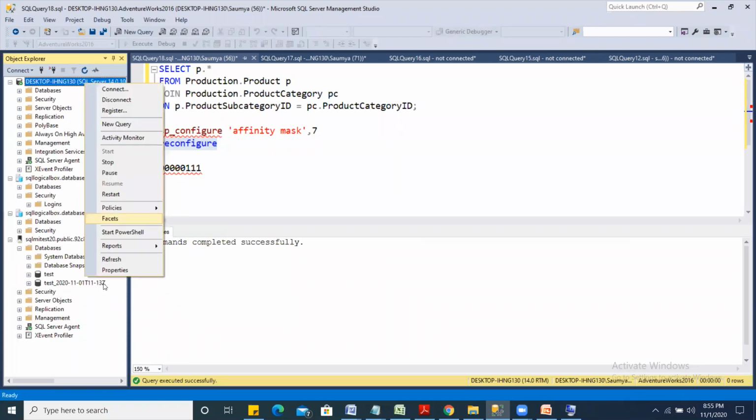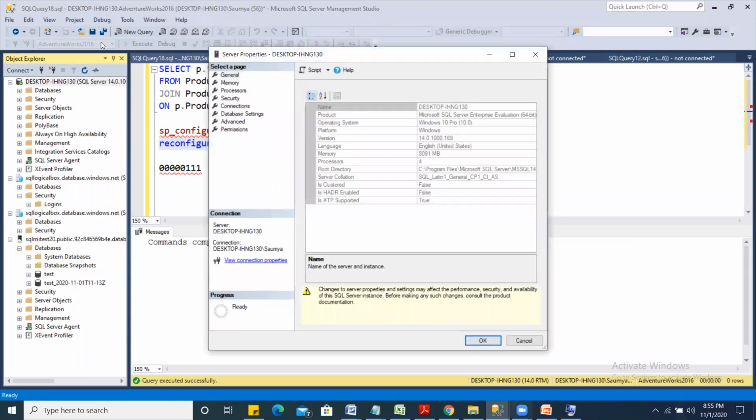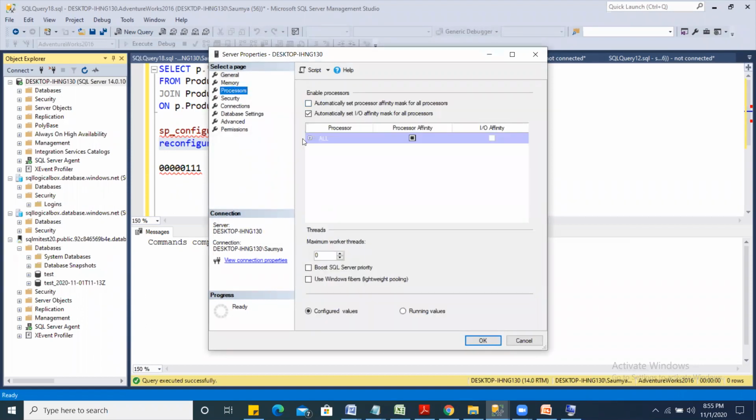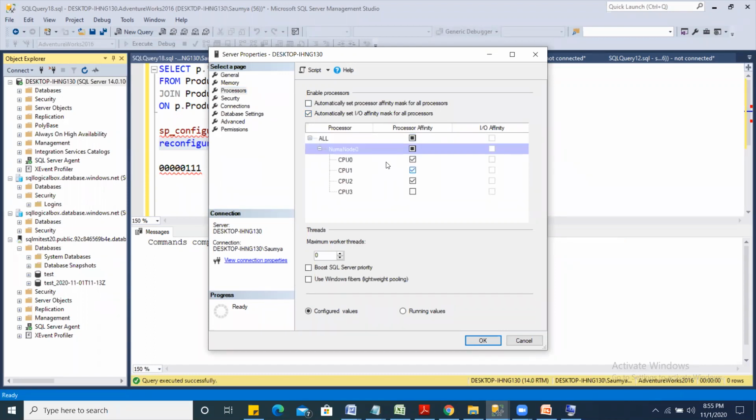You will see that 3 processors have been affinitized to the CPU for performing processing tasks. IO affinity is set automatically for all processors. We didn't play with this; we played with the first option. So come here and you will see 3 processors, CPU ID 0, 1, and 2, are affinitized to the CPU.